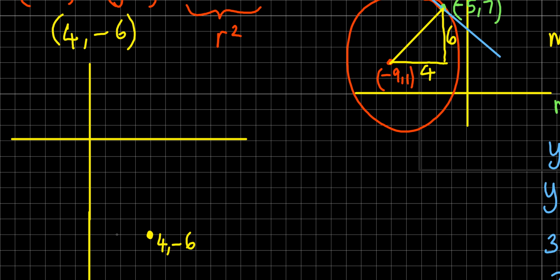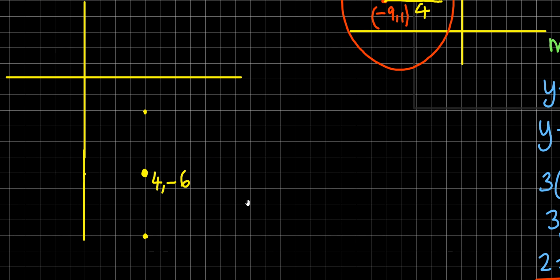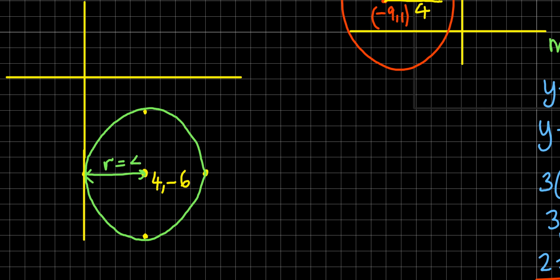Because if it has a radius bigger than 4, we're going to go over. So the maximum radius we can really have is 4.